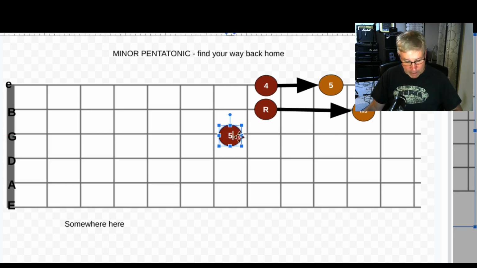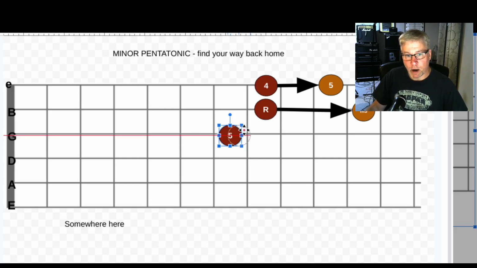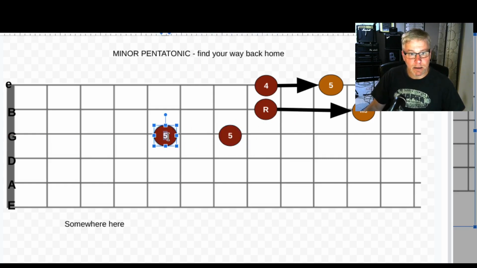So that becomes the fifth. Now, if it wasn't for this string stuff, our fifth would be over here. But it's not, it's here. Now, what comes 2 frets before the fifth? That would be our perfect fourth.